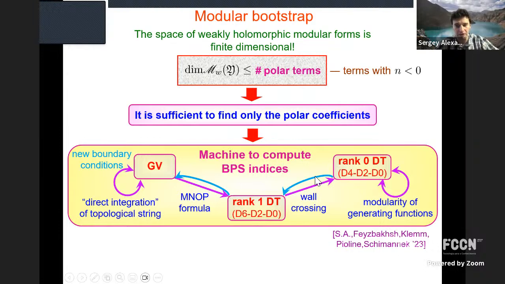At this point, you can actually go back, because now you know infinitely many rank 0 DT invariants. Just using the same wall-crossing relations, you get rank 1 DT invariants, and you can derive new GV invariants.